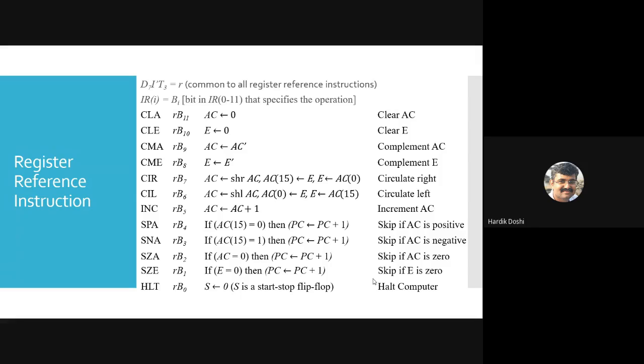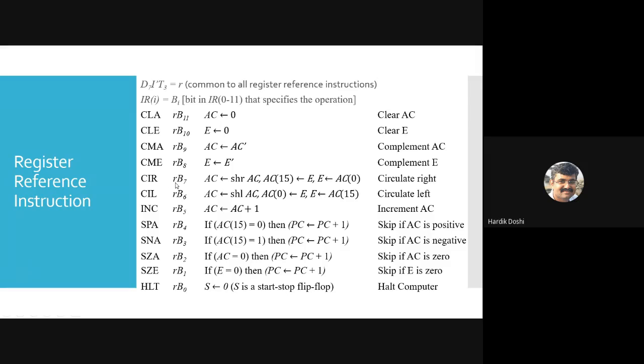In the exam, it can be asked to explain the following instructions, written as SPA, CIL, CIR. Each instruction is for 1 mark, and you need to describe each RTL statement, the description, and the timing at which these instructions occur.